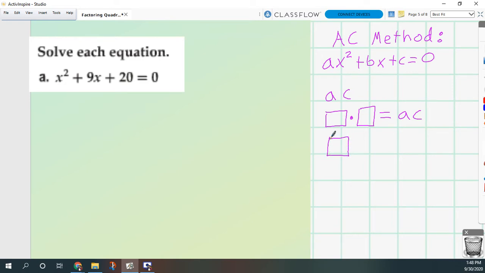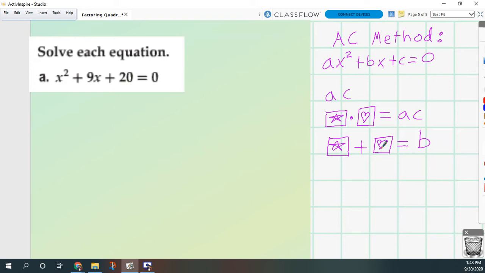However, we also need to have those same 2 numbers give us b when we add them together. It doesn't matter what these 2 numbers are, so for notation's sake, let's say this is star and heart. So star and heart have to add and also multiply to give us the correct terms.